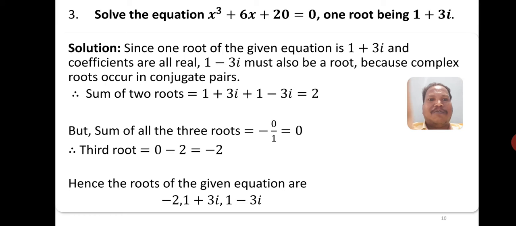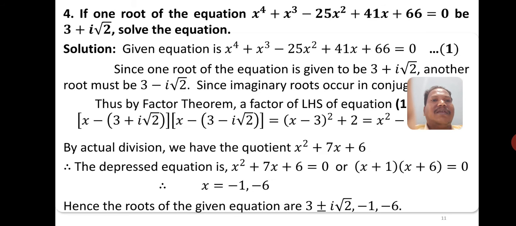Therefore, sum of two roots equals 1 plus 3i plus 1 minus 3i. Simplification we get 2. But sum of all these three roots equals minus 0 by 1 equals 0 because x power 2 is absent in this equation. Therefore, coefficient is 0. Therefore, third root equals 0 minus 2 equals minus 2. Hence, the roots of the given equation are minus 2, 1 plus 3i, 1 minus 3i.